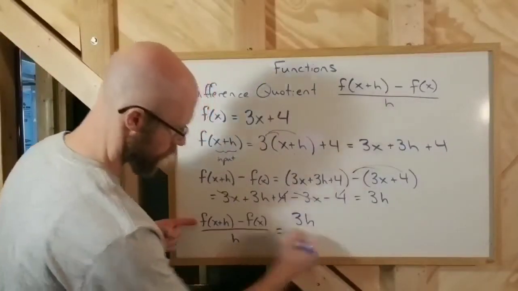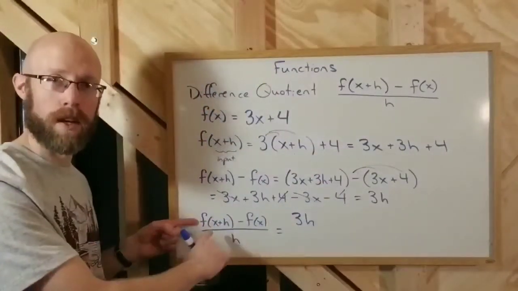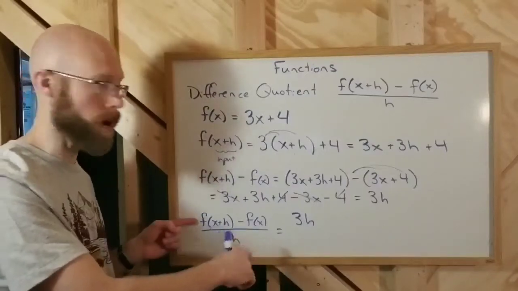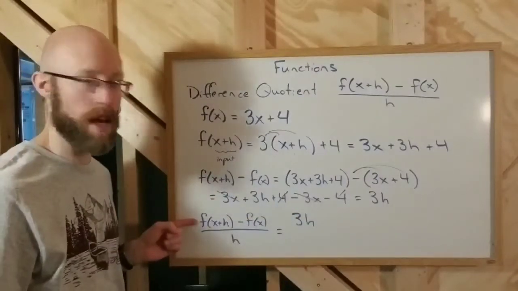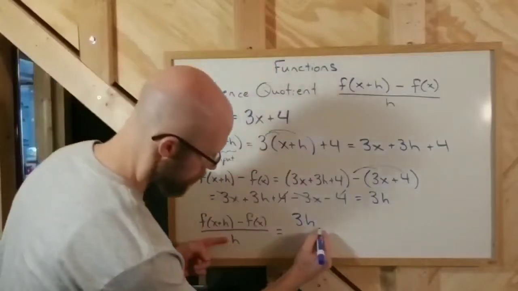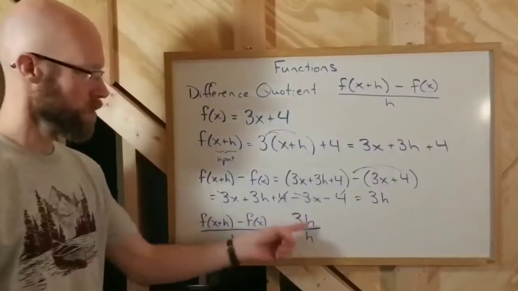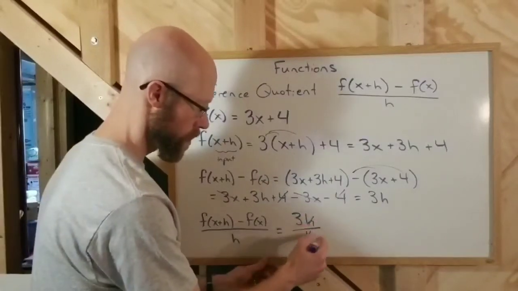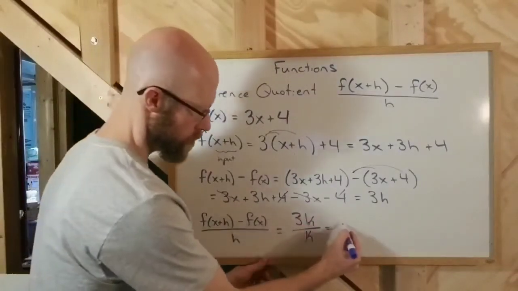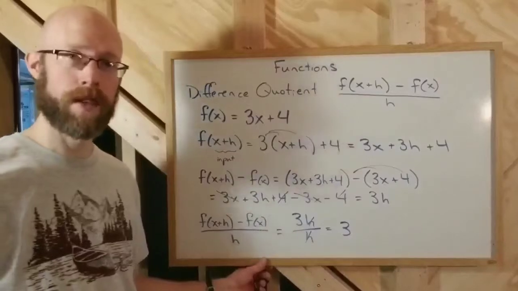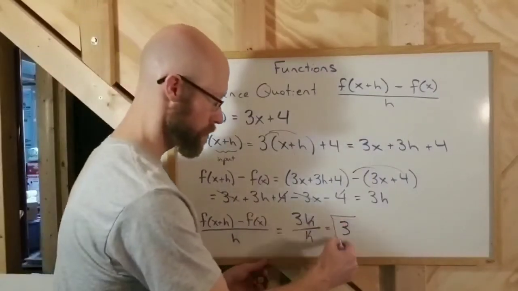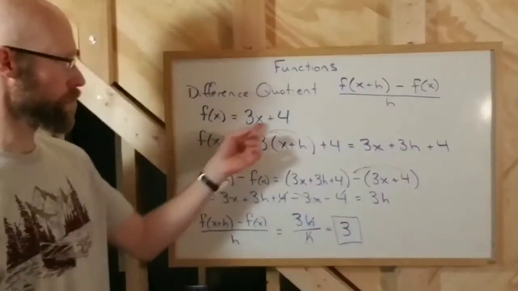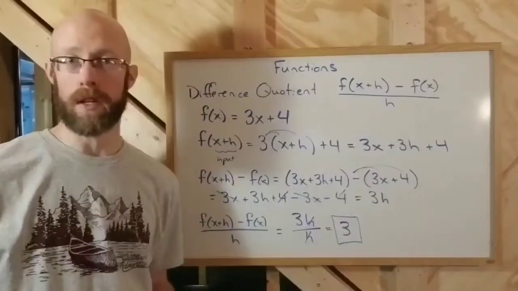We just calculated that whole complicated looking expression on top, and it simplifies down to 3h. Then I have the h on the bottom. Well, there's a common factor of h. I can cancel those h's off, and we're left with just a 3. Okay? So the difference quotient for the function 3x plus 4 is equal to simply 3.